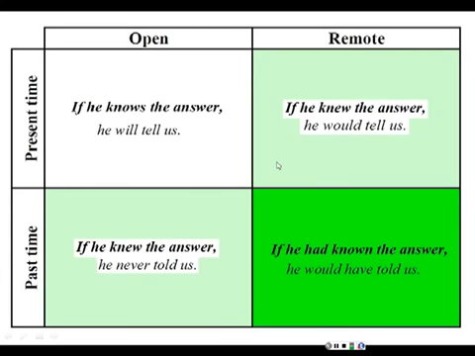Now I've colored these two squares green to indicate that the past tense is doing one of its jobs. Here, in the open past time conditional, the past tense is showing past time. Here, in the present time remote conditional, it's showing this modal remoteness, or unreality, if you like.